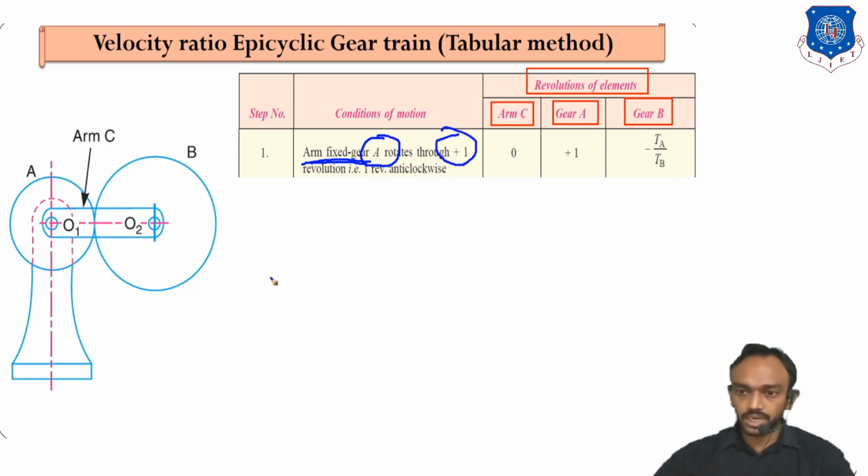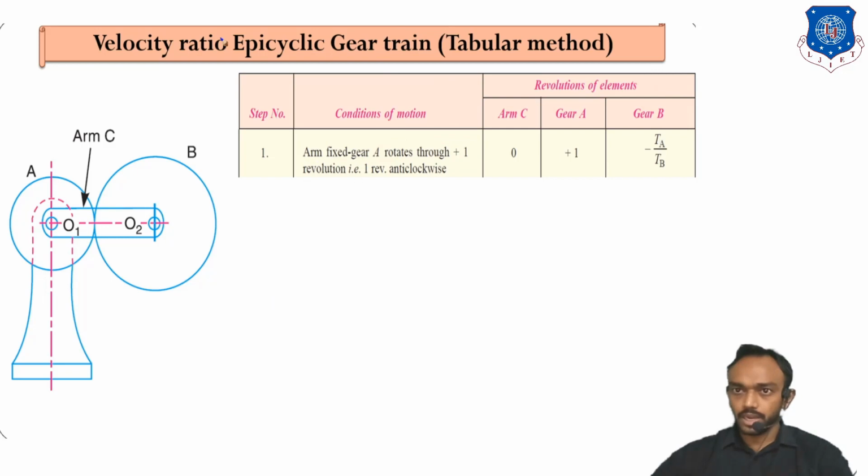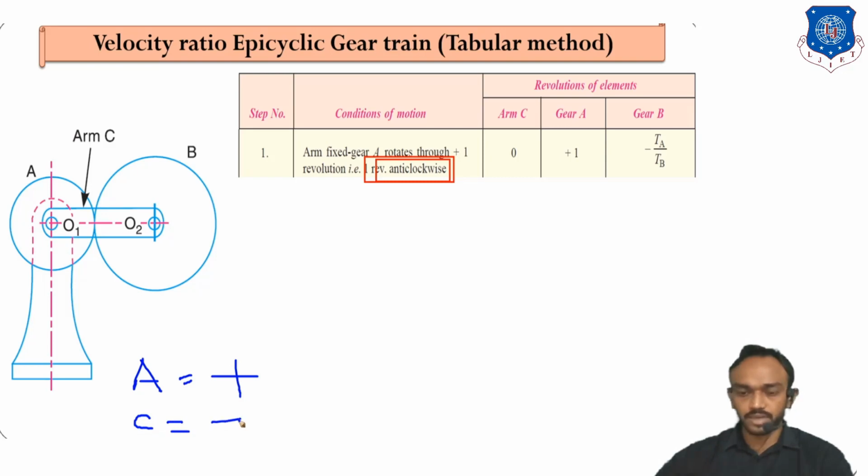Remember that anti-clockwise we have taken as positive, and clockwise will be considered negative, for all numericals.